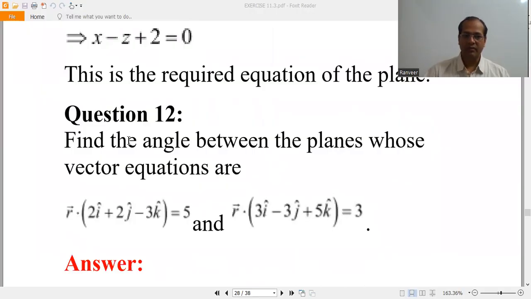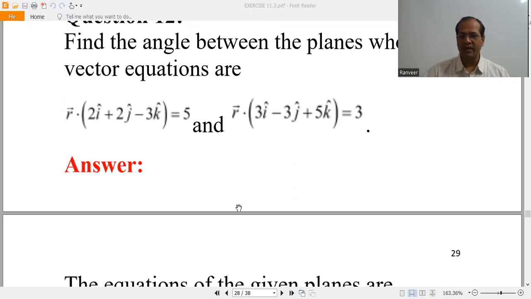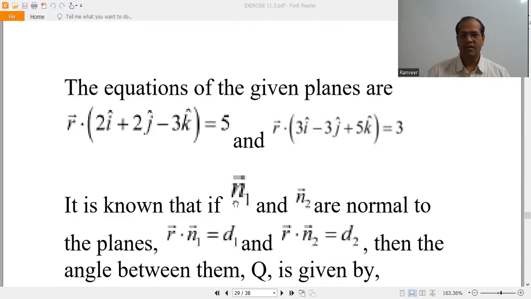Question number 12. Find the angle between the planes whose vector equations are given. This is the vector equation. Always, to find the angle, we know cos theta equals a dot b divided by mod a mod b. First of all, the equations of the planes are, this is the second equation.